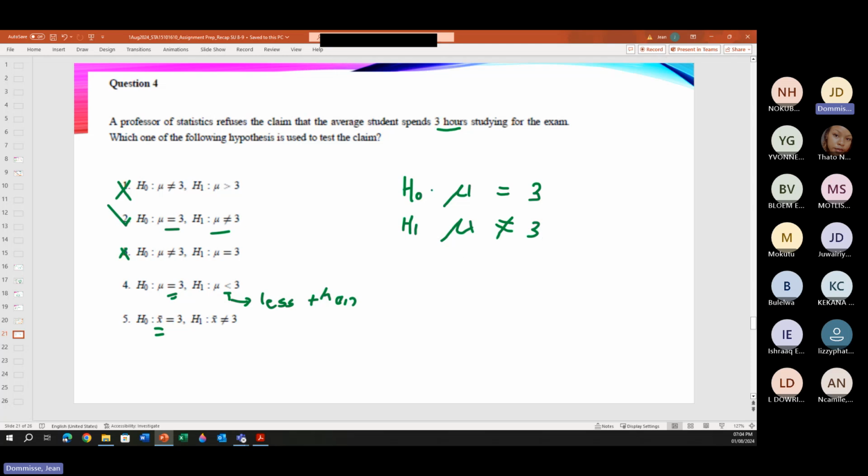That is just a quick recap of this one to show you the differences in all the options, and how, depending on what the words are, you need to interpret it.